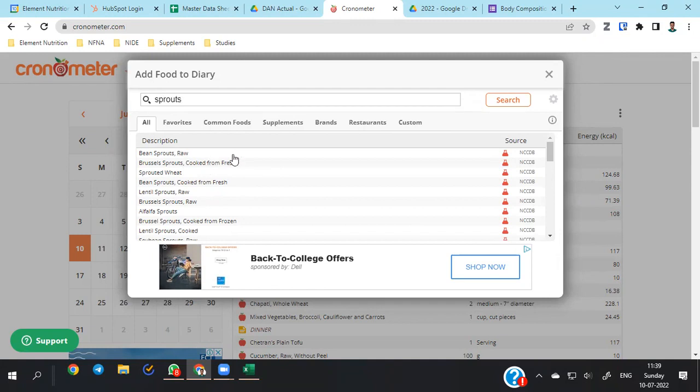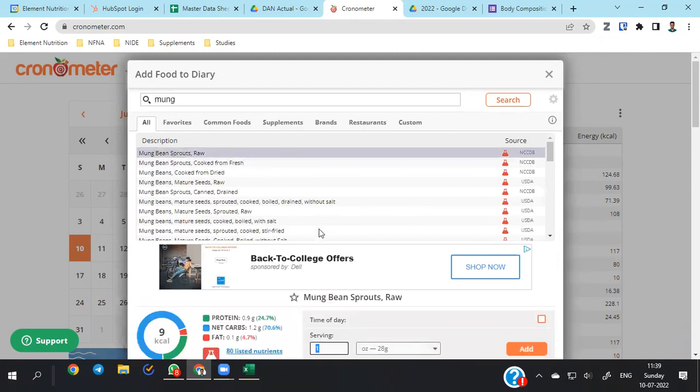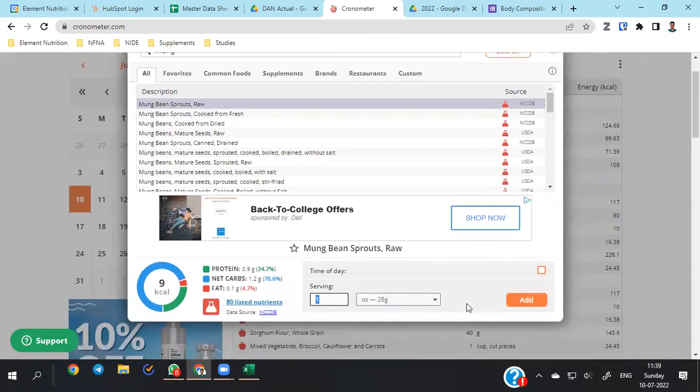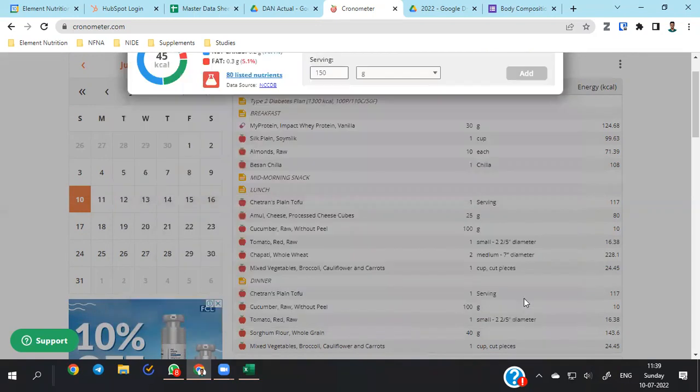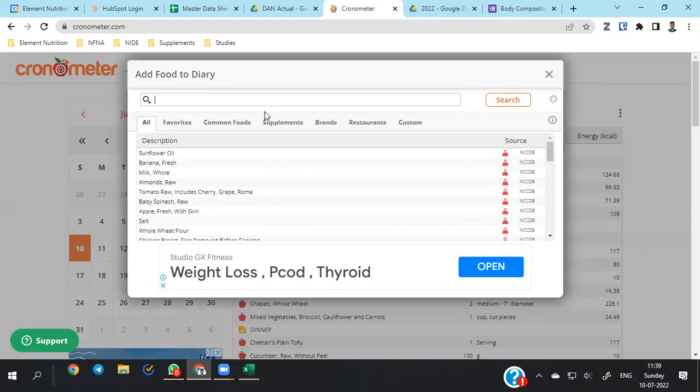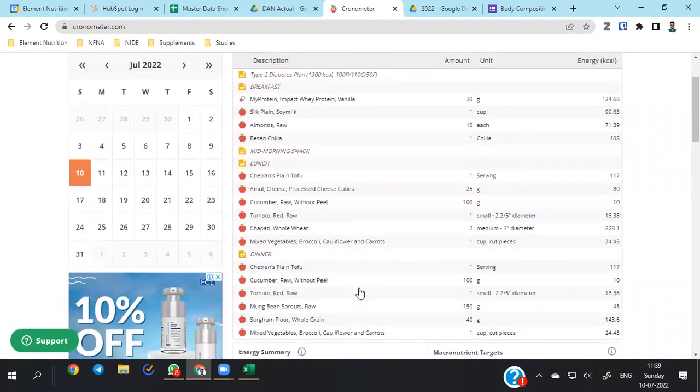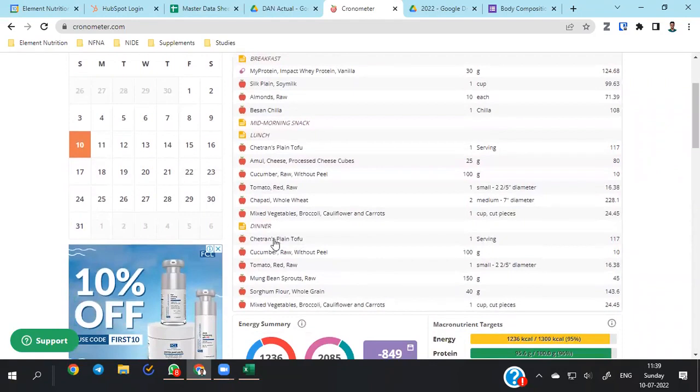Okay, more bean sprouts, raw. Approximately, this can go to a large quantity also. So around 150 grams he can have here. I'll give him some lemon juice and all of that he can have over here. Okay. Instead of tofu, what can we give him now?